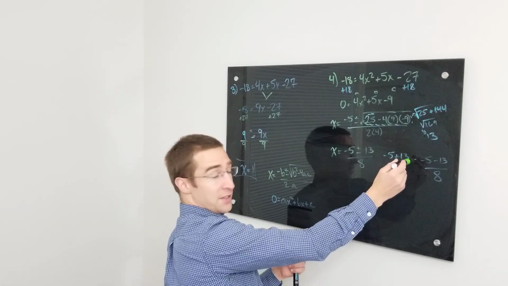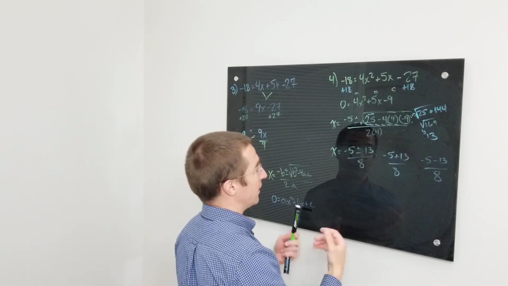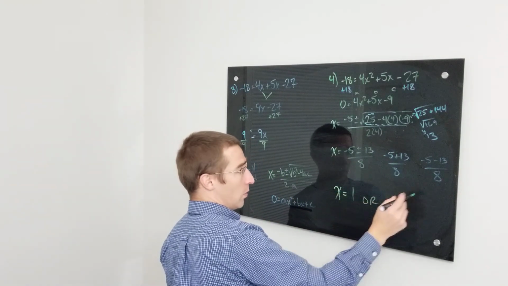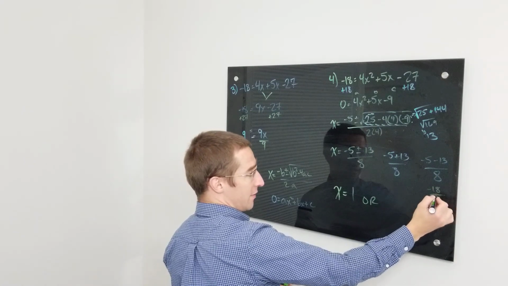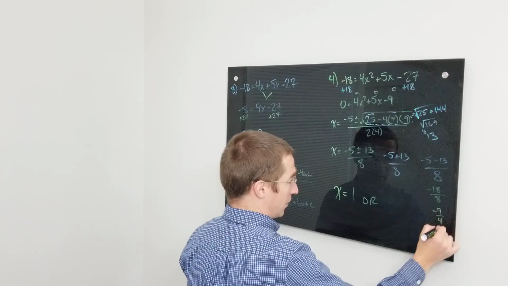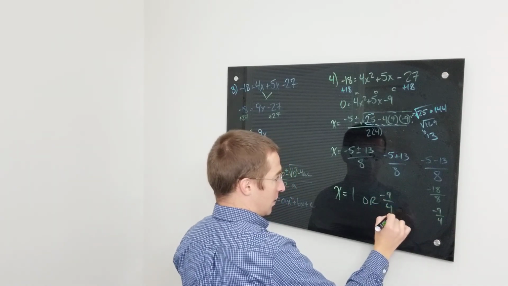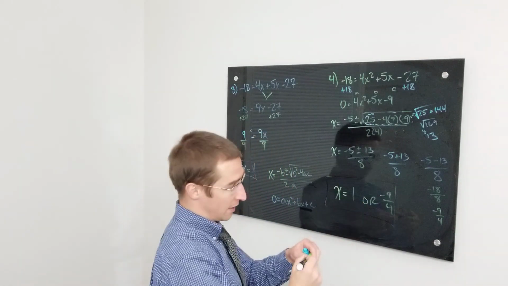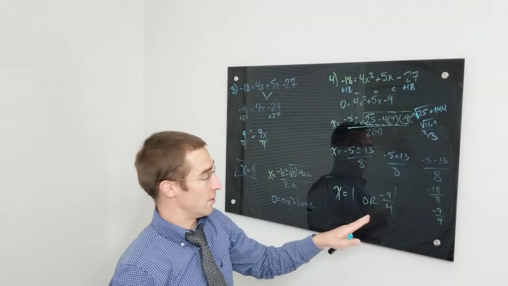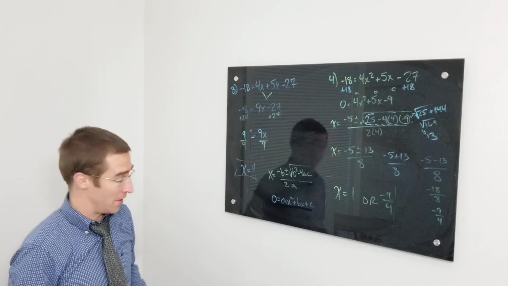Negative 5 plus 13 is 8. 8 divided by 8 is 1. So here, x equals 1. Or negative 18 divided by 8. We can simplify that down to negative 9 over 4. We simplify it by saying, hey, this is 2 times 9, that is 2 times 4, so cancel out the 2's, or just divide top and bottom by 2.